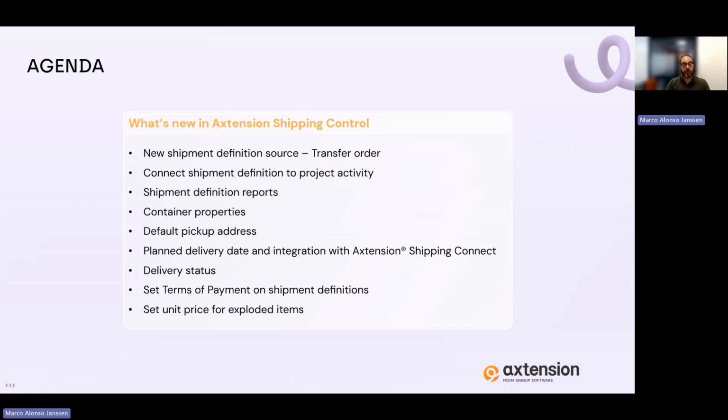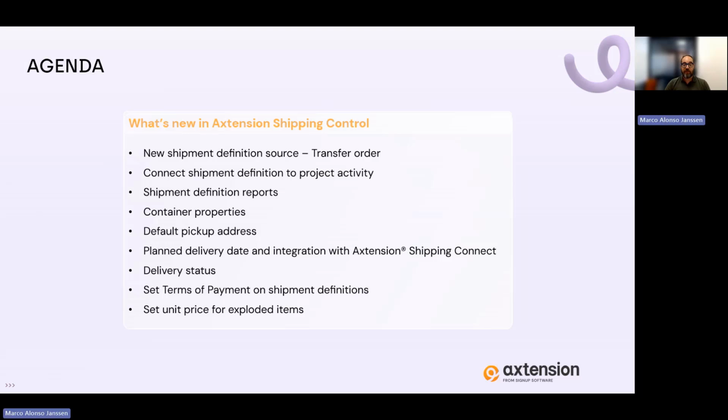The agenda for today is going to be new functionality around transfer orders, the ability to create shipment definitions from transfer orders, the ability to connect a shipment definition to a specific project activity, to use the project activity's date to drive the requested delivery date.